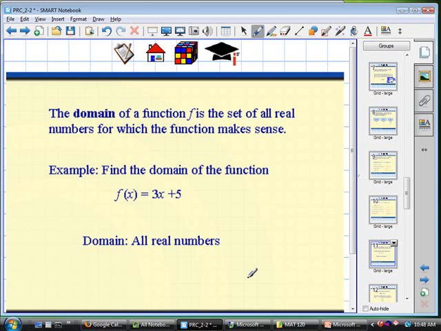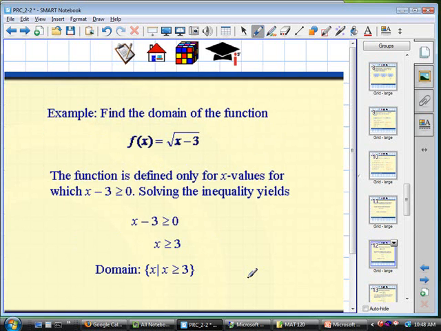How about the domain on this one? F of x equals square root of x minus 3. Is there anything x can't be? Well, now with real numbers, we're not going to use complexes now. Just think about the reals. I got a problem whenever there's a negative under a square root sign with a real number. So I can't have x be a number that would leave me with a negative under it. So x has to be at least as big as what? Doesn't it have to be at least as big as 3?